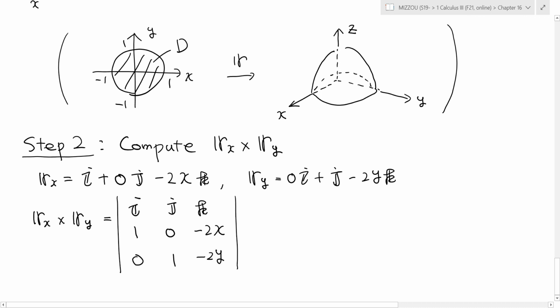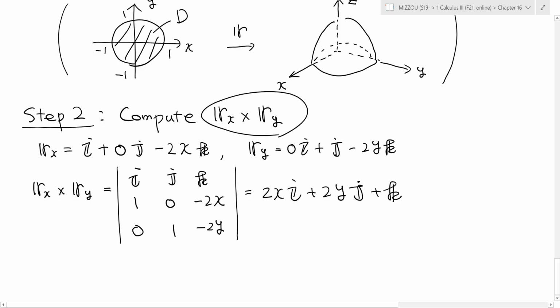And if you work this out, you get 2x i plus 2y j plus k.